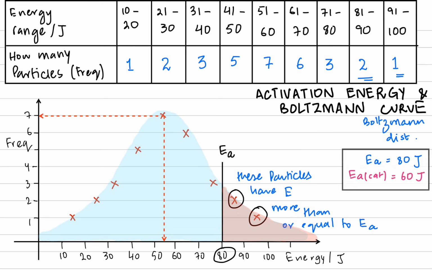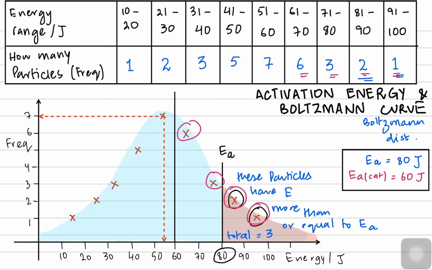This red region on the curve shows the proportion of the particles which qualify. Now with a catalyst, let's suppose the activation energy is 60 joules, so more particles now qualify for the same reaction. I'm not changing their energies, but now the total has increased. First the total was 3, only 3 particles had energy more than or equal to 80.